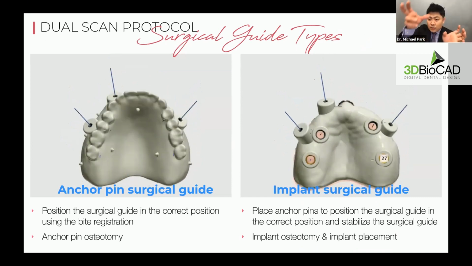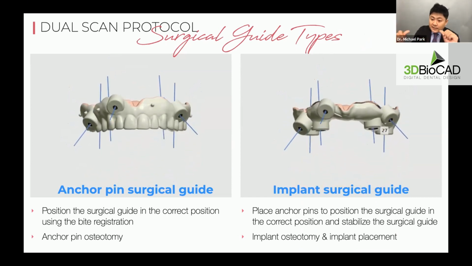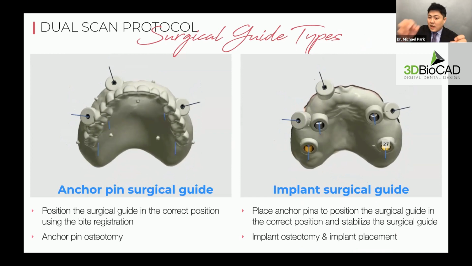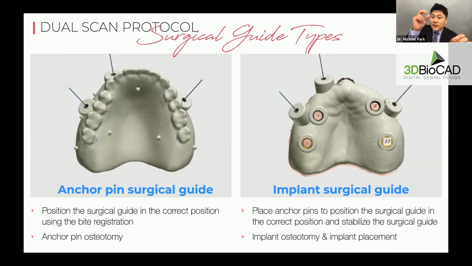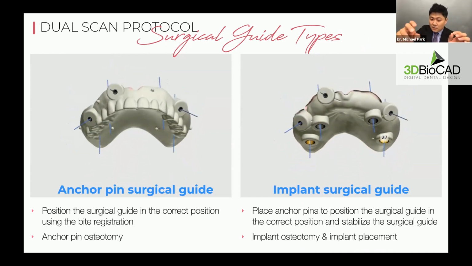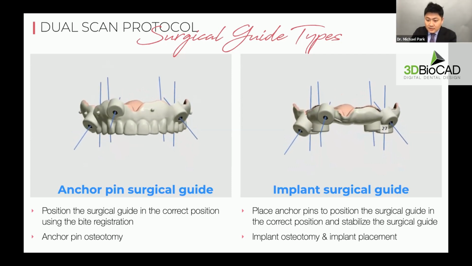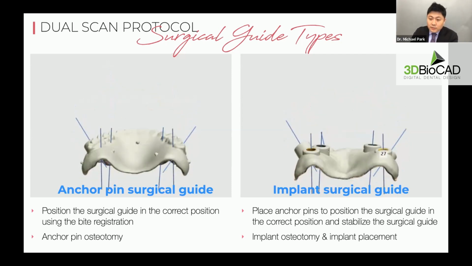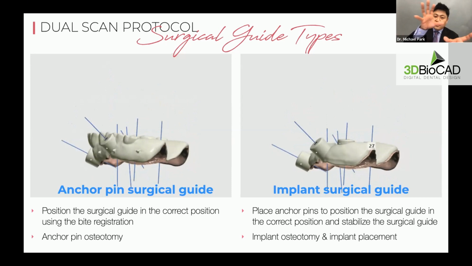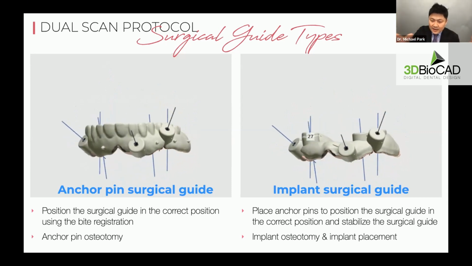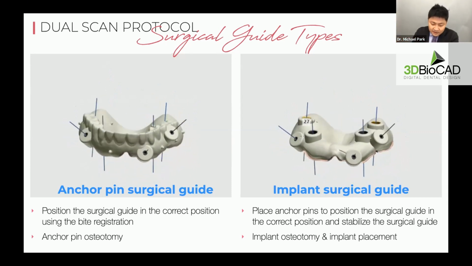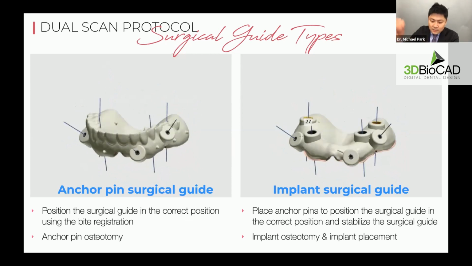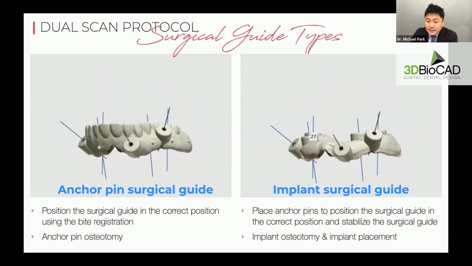And then we remove the anchor pin surgical guide and place the implant surgical guide, and we align the anchor pin guide sleeve with the anchor pin osteotomy, and then position the anchor pins. Now this will place the implant surgical guide in the correct position and also stabilize it. Now really it's very easy at this point. Now we just do our implant osteotomy and place the implants.